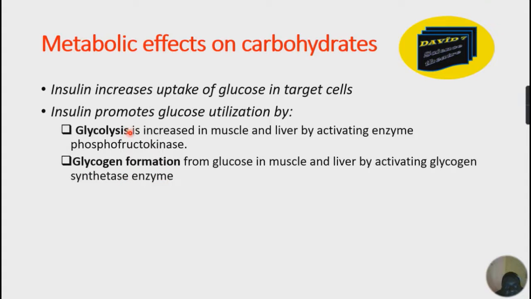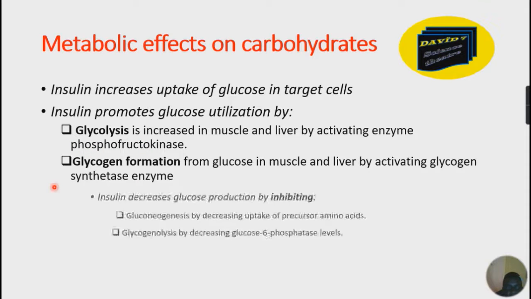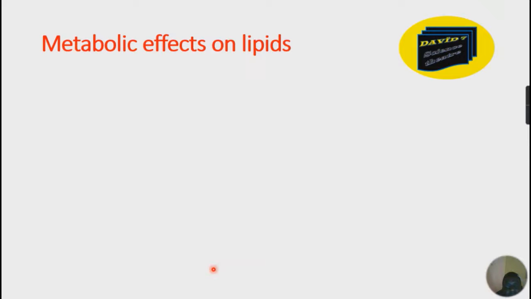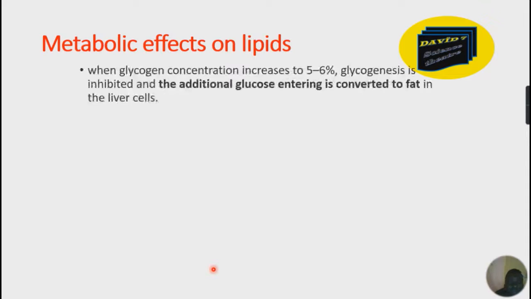In glycolysis, we are activating phosphofructokinase. Insulin decreases glucose production by inhibiting gluconeogenesis, by decreasing uptake of precursor amino acids. It will also inhibit glycogenolysis by decreasing glucose 6-phosphatase levels.